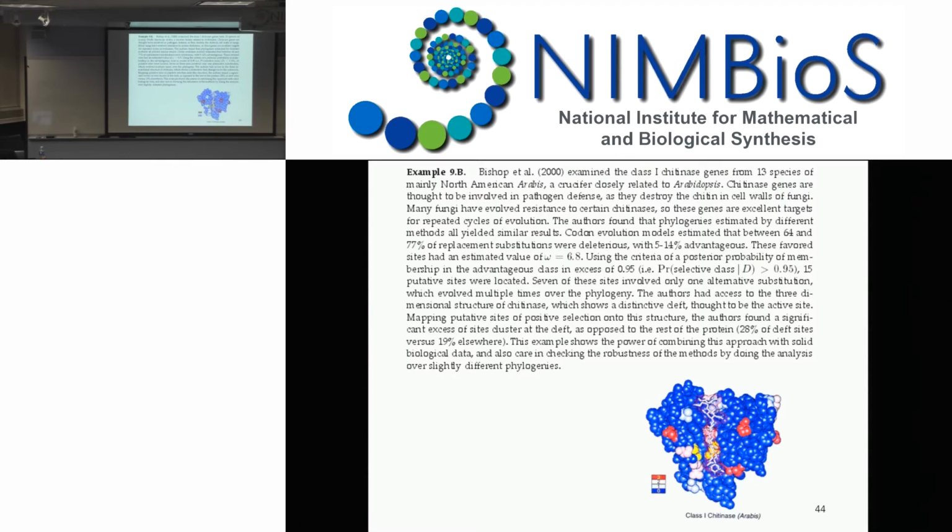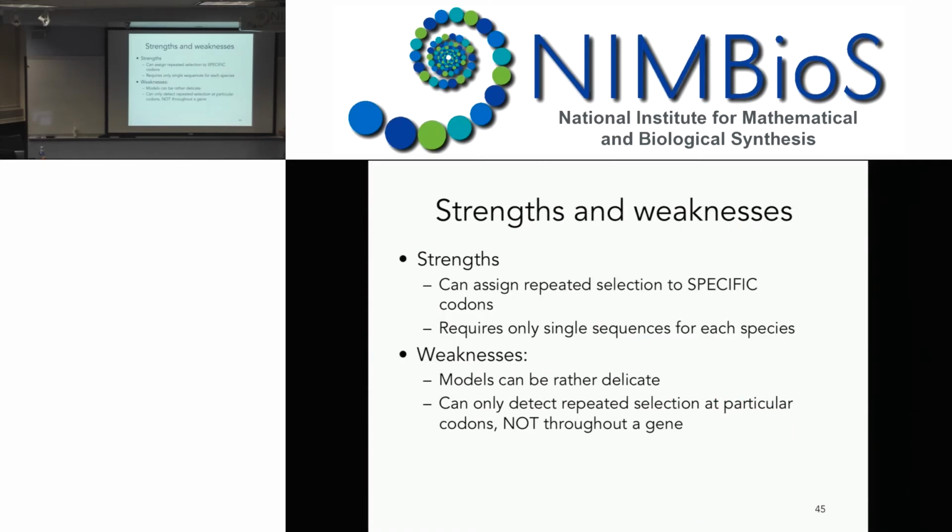The idea is you make this elaborate model, and right away you should be a little suspect. Elaborate model means you're fitting a lot of things. Do you have enough data to fit a lot of things? That's always an issue with these likelihood models. So what are the strengths and weaknesses of these codon-based models? You can assign repeated selection to specific codons, and it requires only single sequences from each species.